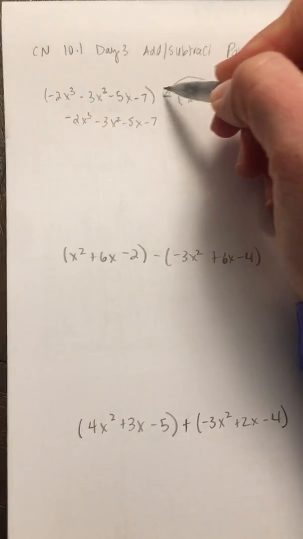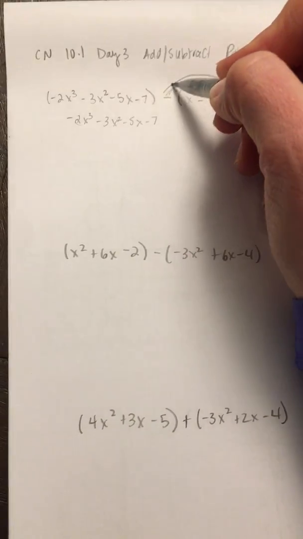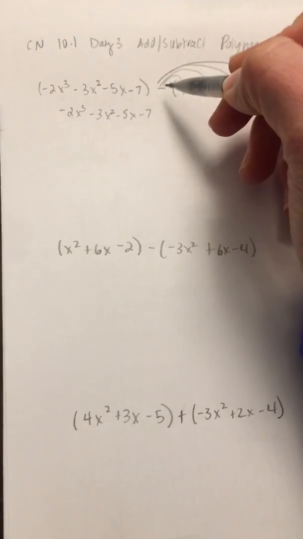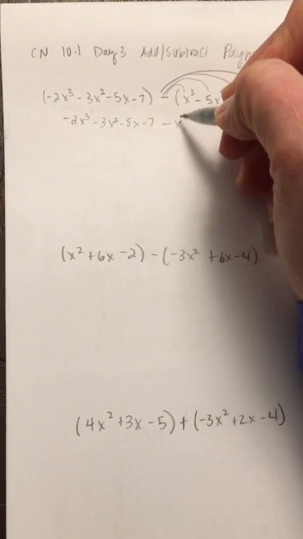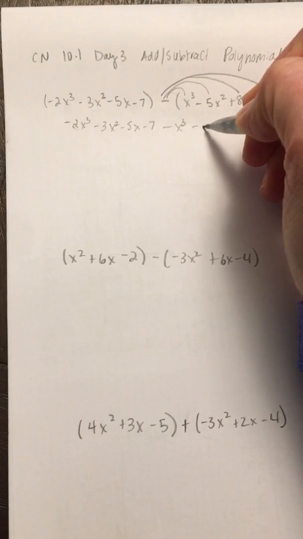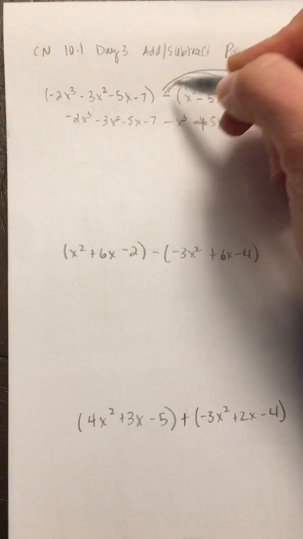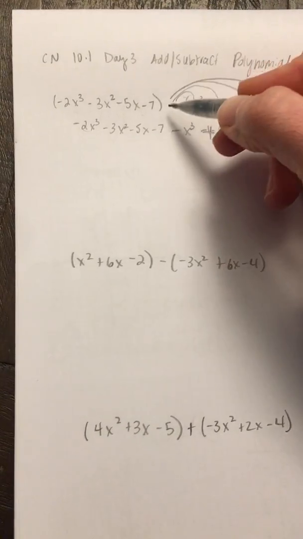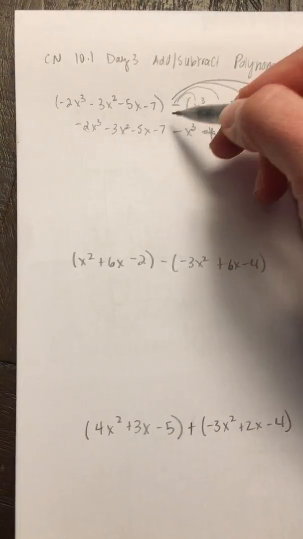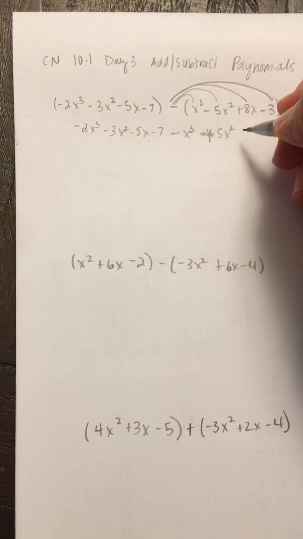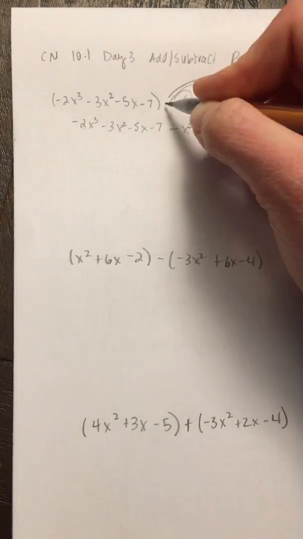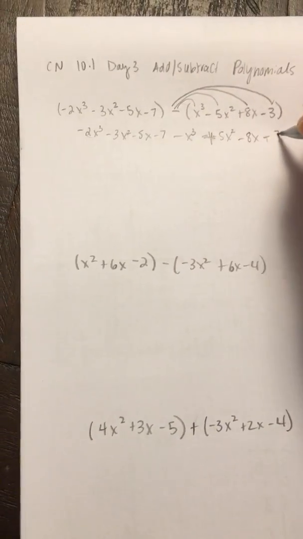So what I said is you can think about distributing that you're going to need to change signs of all of these. You have to subtract the x cubed. You have to subtract the negative 5x squared. Two negatives become a positive. So a negative times a negative, positive. So you can think about it as using some multiplication here as well. A negative times a positive, negative 8x. A negative times a negative, a positive 3.